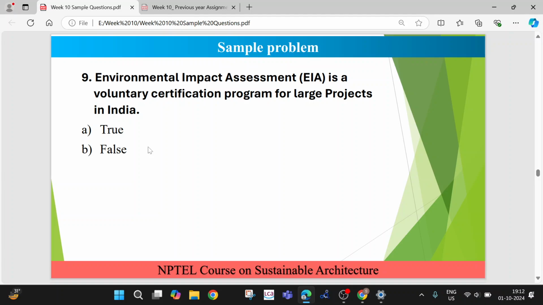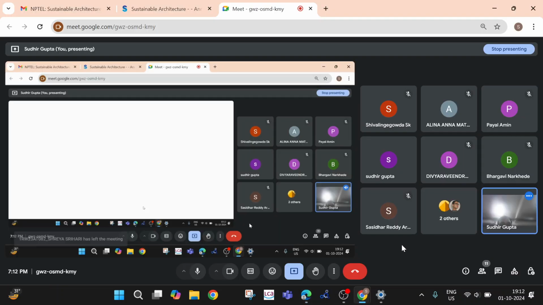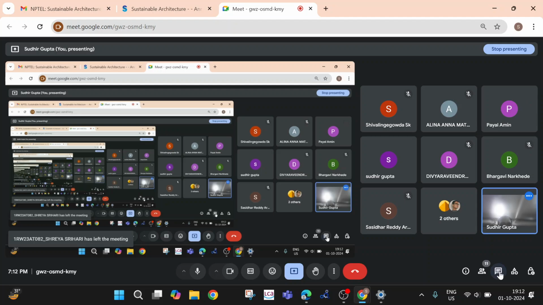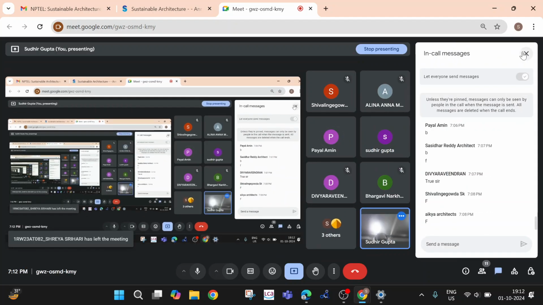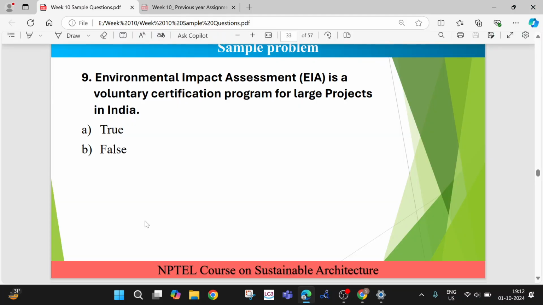It should not be that your large project hampers the environment, so you have to show a report or get the certification that it is not hampering the environment much through this environmental impact assessment. So it is mandatory, that's why it is false. Now it is clear. Yes, sir. Okay.